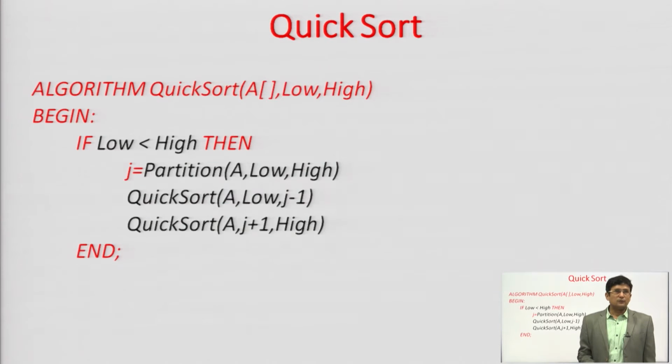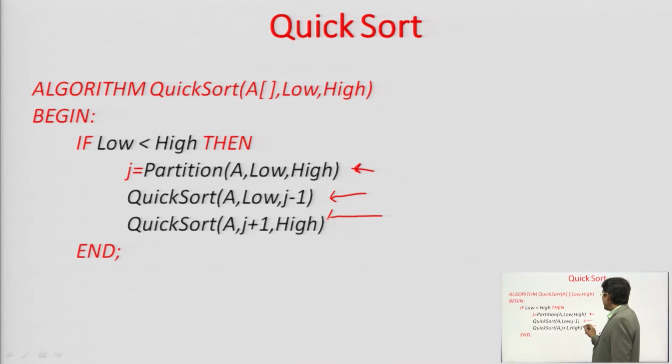Now, once you are done with the partition, you perform quick sort on the left part of the jth index element, and then you perform it on the right half of j.